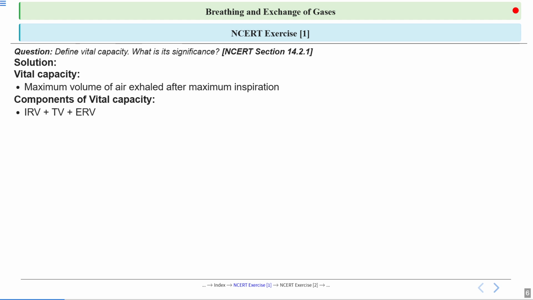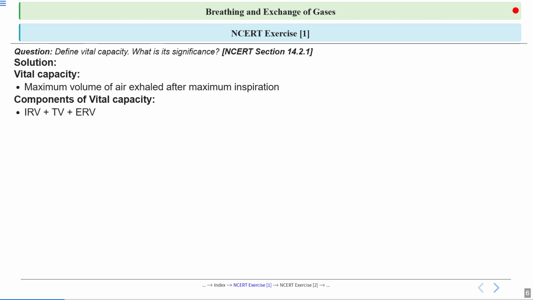A person can inspire by a forceful inspiration. When you do normal inspiration, that is not the thing. But when you inspire with force, then it is called inspiratory reserve volume. And the volume of that ranges from 2500 ml to 3000 ml.